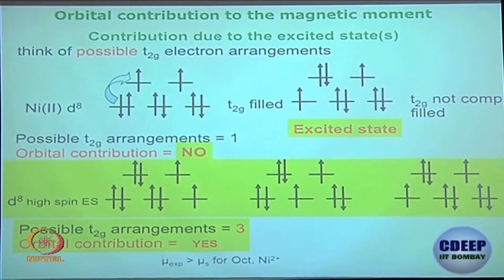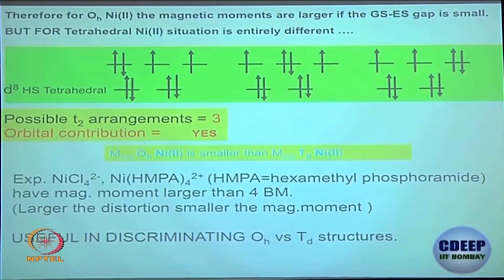Tetrahedral. Why is that? Simply because for octahedral, the orbital angular momentum contribution comes from the excited state. In the ground state itself, there is no orbital angular momentum. In the excited state, there is. But in the tetrahedral case, you can have orbital angular momentum due to the unsymmetrical filling of the t2g orbital, right?